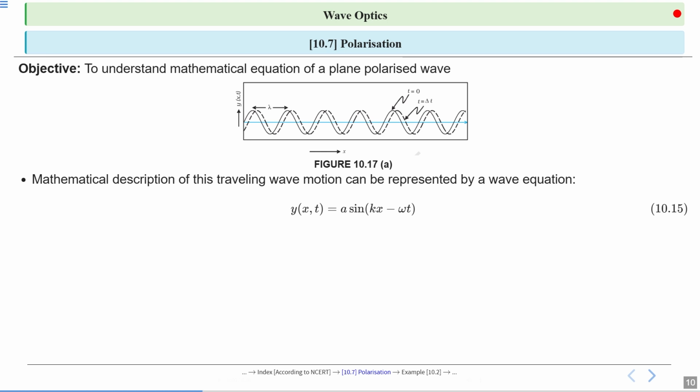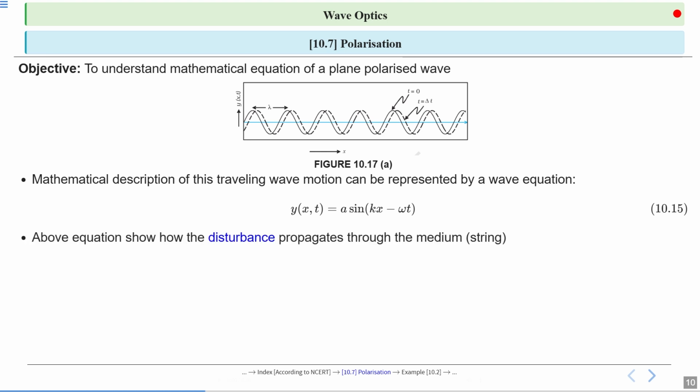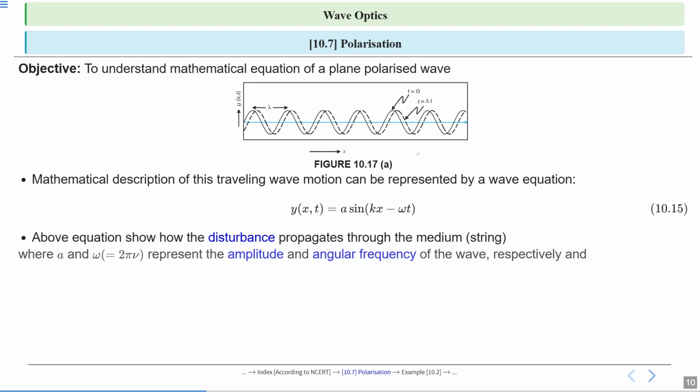Here A is the amplitude, which tells us how high the wave peaks are. Notice how this equation shows the disturbance propagating through the medium. The term kx − ωt indicates the wave's movement over time and space, which is important for understanding how waves travel.